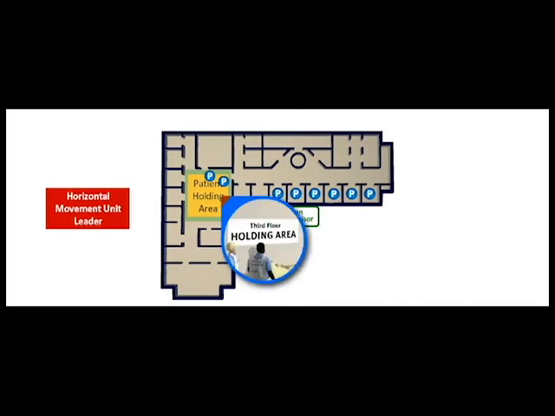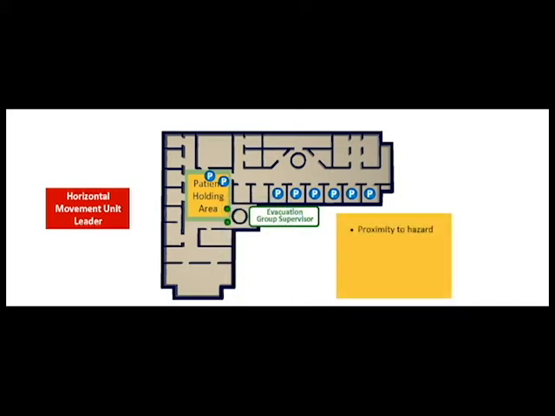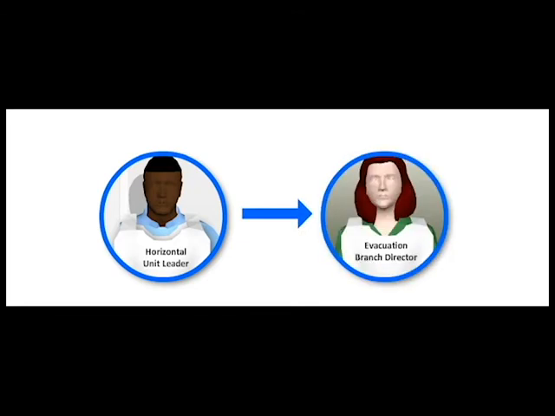In a typical scenario, a movement team or teams may move several patients, one after the other, to the patient holding area. The order and sequencing of horizontal patient movement is based on proximity to the hazard, the patient's mobility and acuity level, and available resources. The horizontal unit leader would be instructed by the evacuation branch director concerning when a particular floor or unit is to be evacuated.